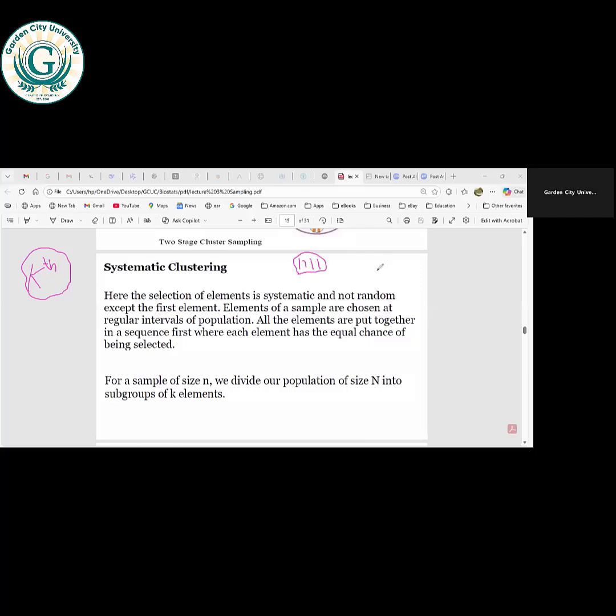Another example is, when you go to these so-called residential areas, the households, they may be in a line form. This is house 1, house 2, house number 3, house number 4, number 5, number 6, 7, and so forth.